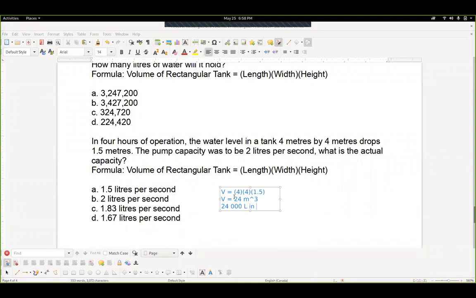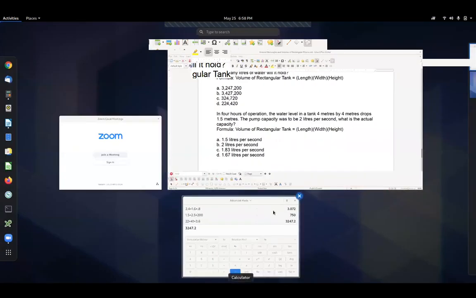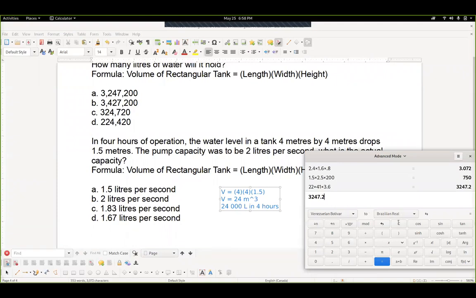And that was in 4 hours. So now we need to figure out how many liters per second. So in an hour, there are 60 minutes, and in a minute, there's 60 seconds. So there's 3,600 seconds in each hour, 60 times 60. So what we're going to do is, first actually, sorry, we're going to multiply the 4 hours by 3,600 seconds per hour, so 14,400.